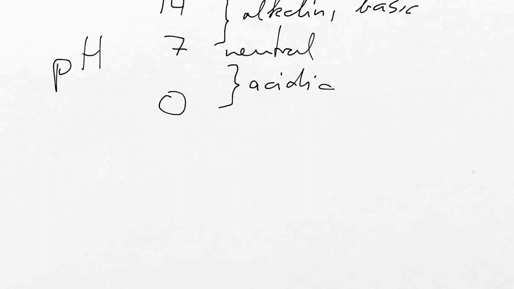So, for example, in the southeast, where we are, water that is harvested from groundwater is usually alkaline because there's a lot of limestone in it, which makes it more basic.